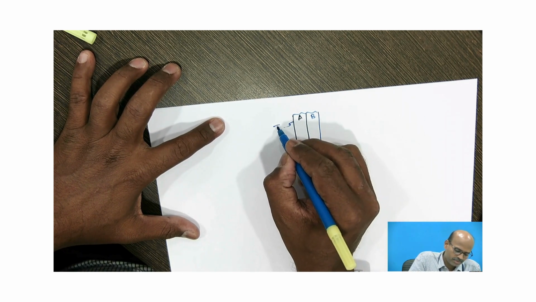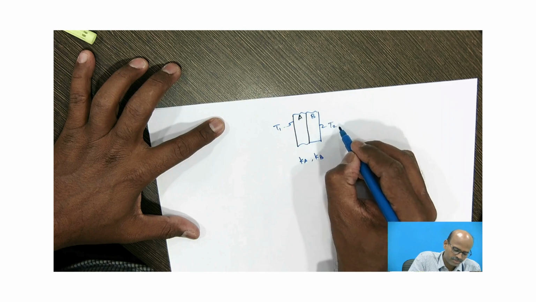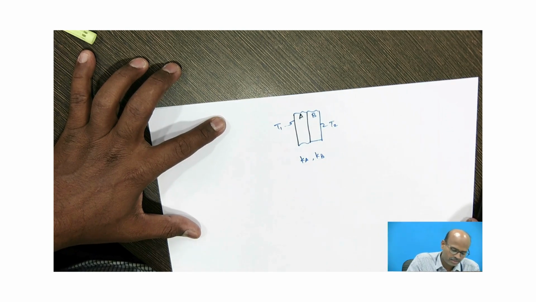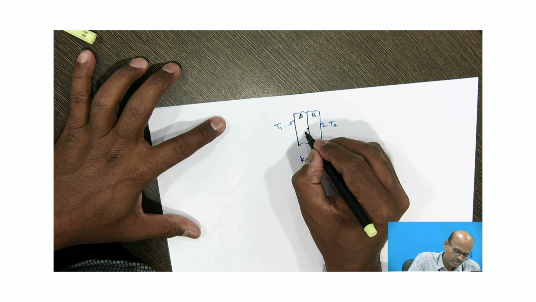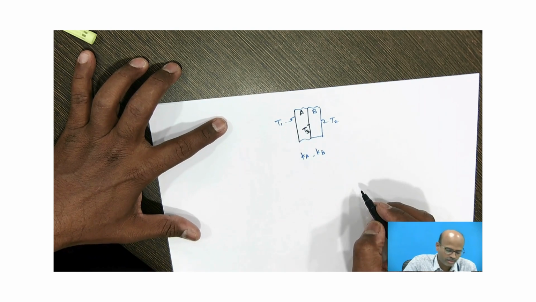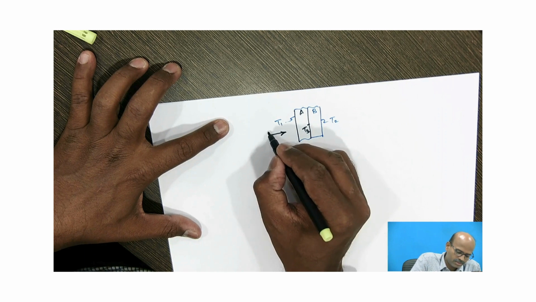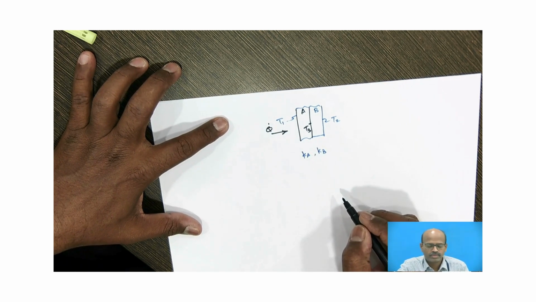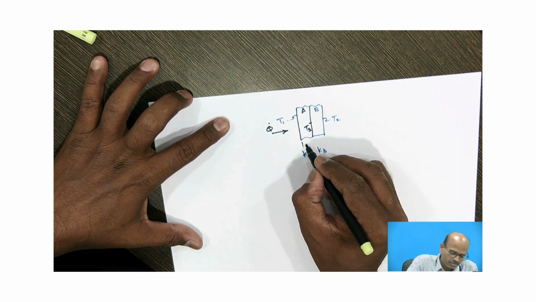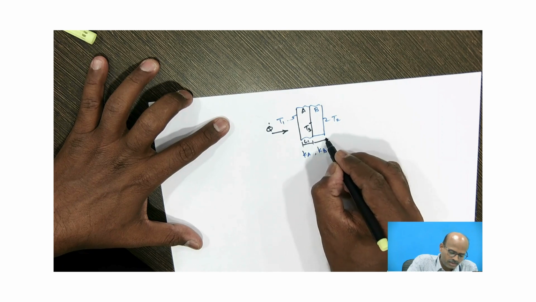Inner surface temperature is T1, outer surface temperature is T2, and the interface temperature is suppose T3. The rate of heat conduction is Q dot. The respective thicknesses are L1 and L2.